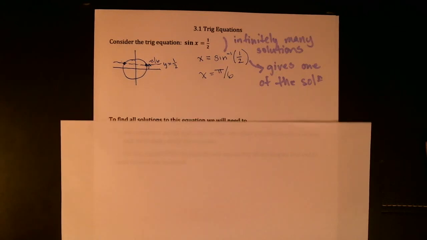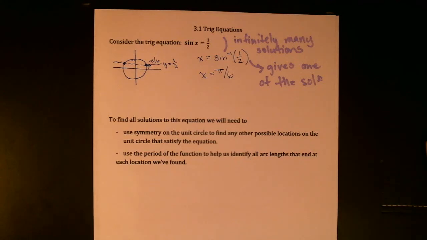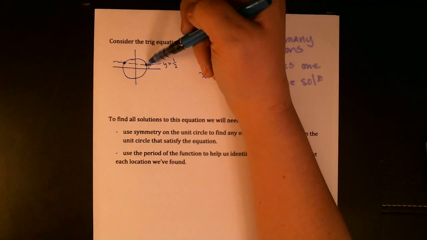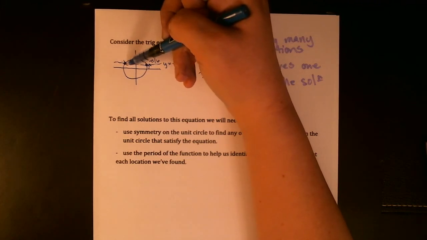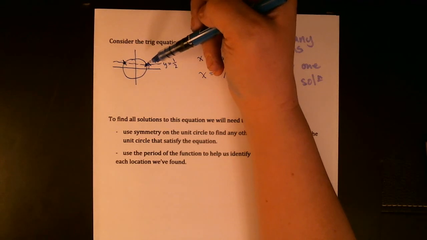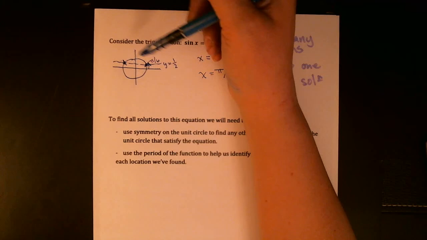I've given you a couple of steps to keep in mind. Find your one good solution, and then we're going to need to do 2 things. One is to find an arc length that lands at the opposite point, and the other is to use the period of our function to list all the rest of the arc lengths that land at each point.